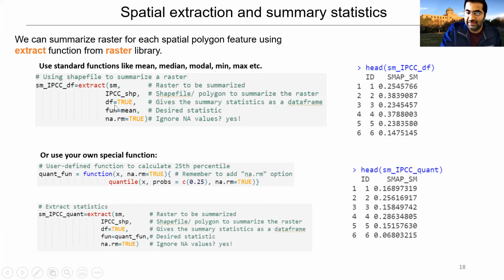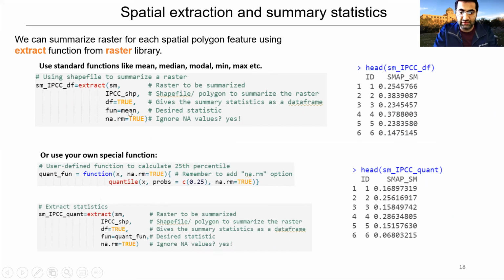Now I need the data in a data frame format, so the output should be in a data frame. That's why I say df equals true. You see that I have used the function mean, because I want the mean value of all the cells within each of these features. If I run this code, I get the mean values of mass soil moisture for each of these features.